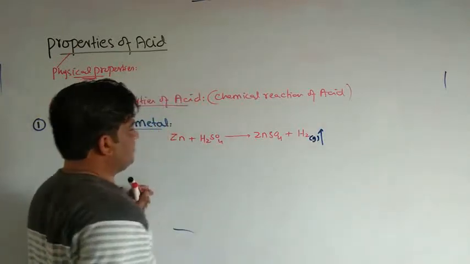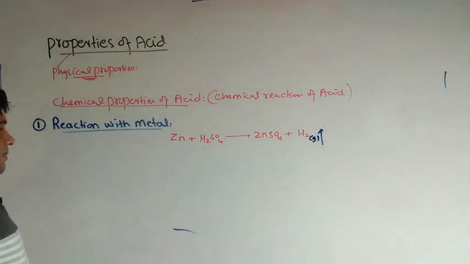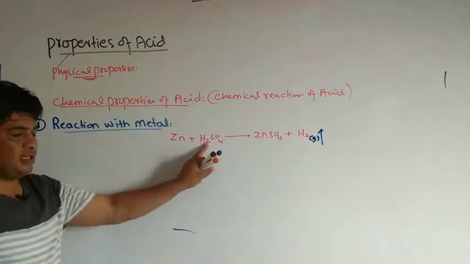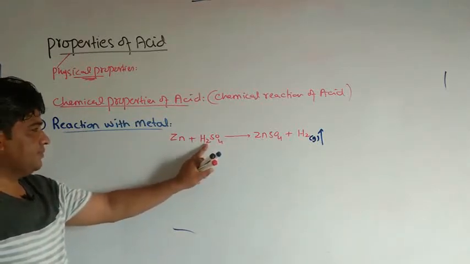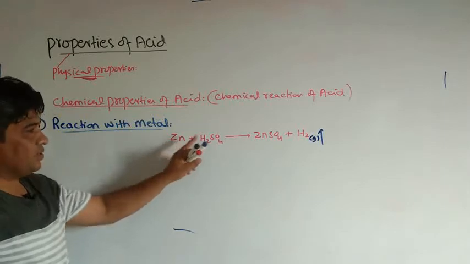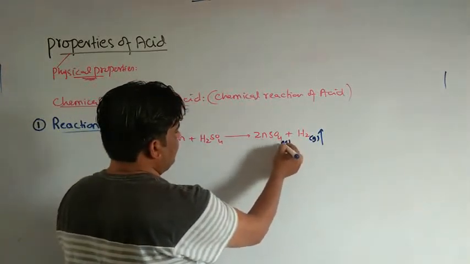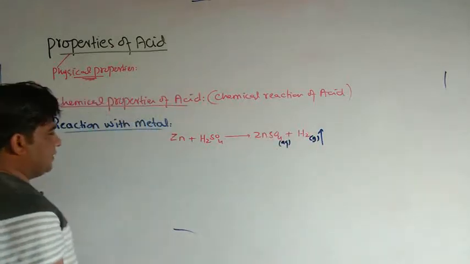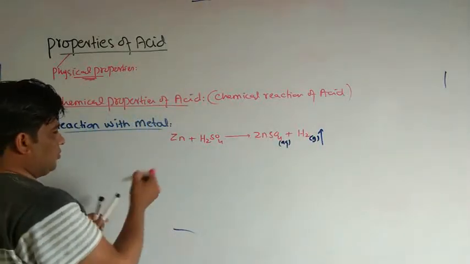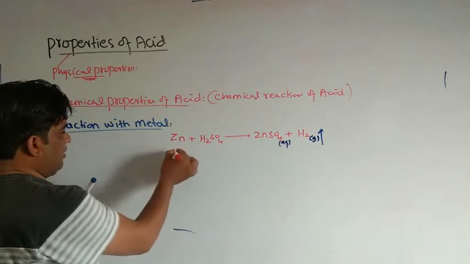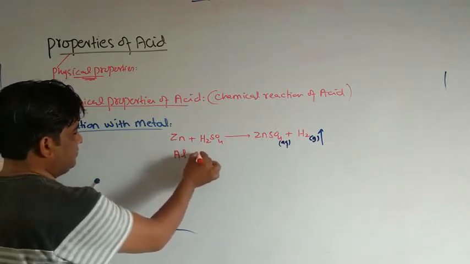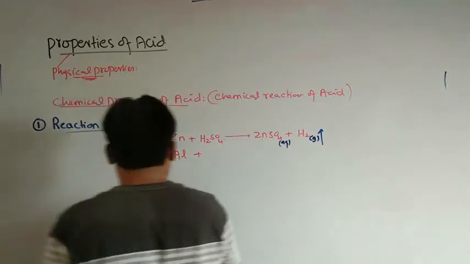That is gas. So one of the chemical properties of the acid, named sulfuric acid, reacting with metal, that is zinc, they produce zinc sulfate plus H2 gas is evolved.